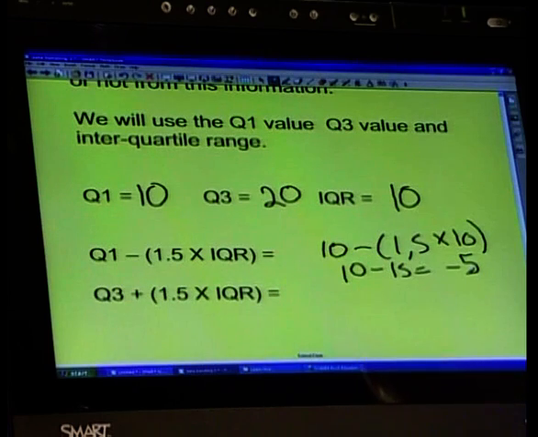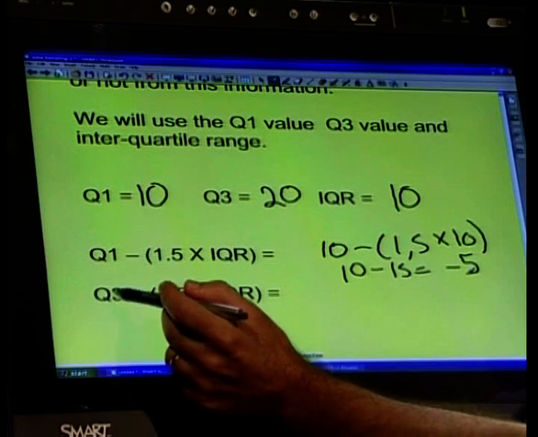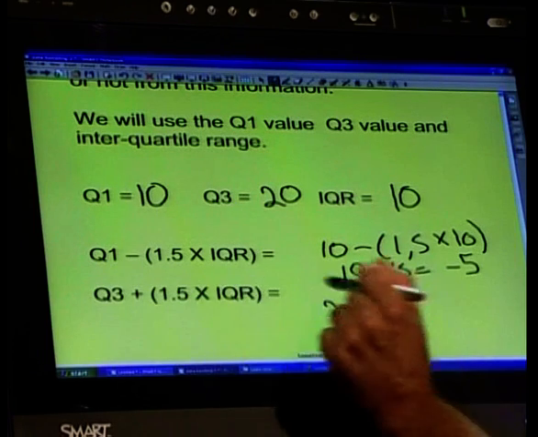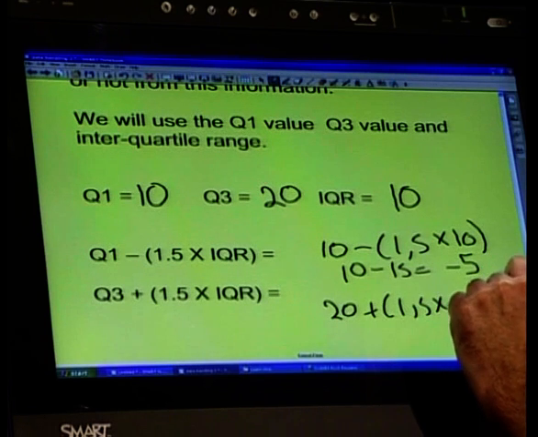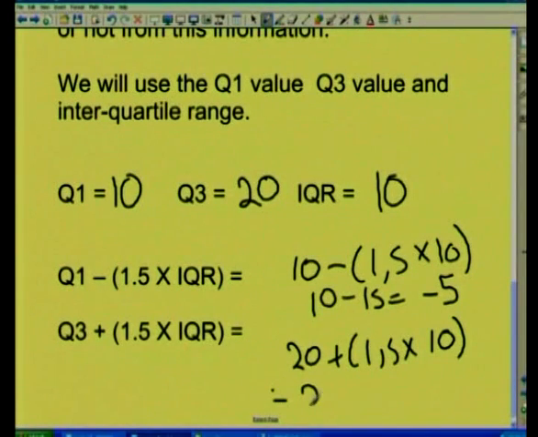Don't worry that the number comes out as a negative. That can possibly happen at times. On the other side, we're going to do it for the Q3 value, and to find out if the number is an outlier, we're going to use the Q3 value, which was 20. We're going to add 1,5 times the IQR, which again was 10. That gives us an answer of 20 plus 15, which equals 35.